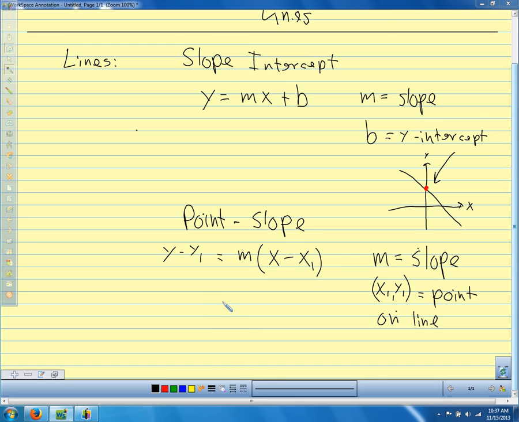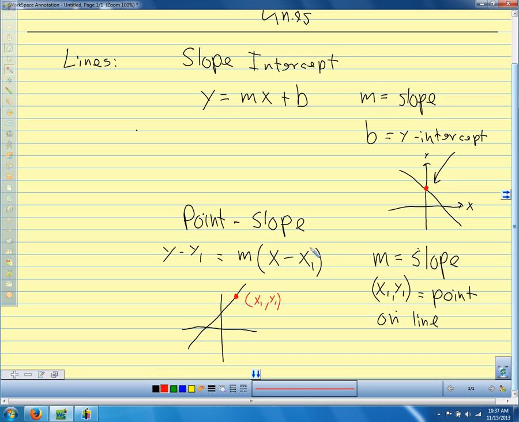If I draw a quick picture, and I have a graph that goes through this point, that point would be (x1, y1). That's our point in point-slope. The x and y are just our variables; x and y stay as x and y. So (x1, y1) is our point on our line, and m is the slope.